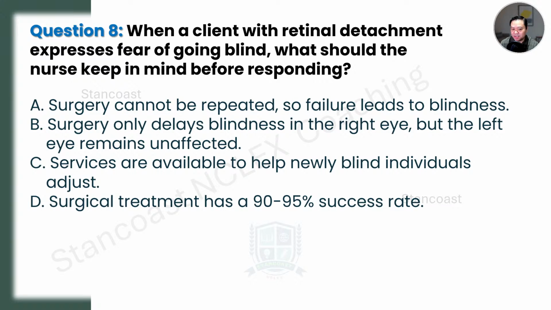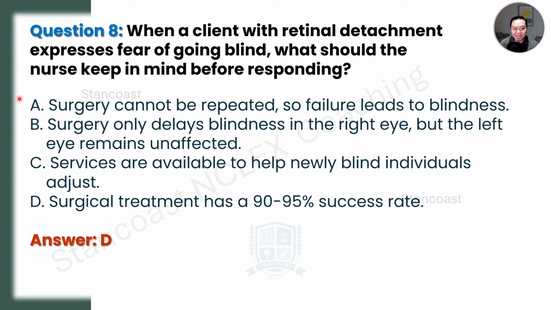Again, the question here is, what should the nurse keep in mind before responding, especially that they're expressing fear of going blind? The correct option here is letter D. The surgical treatment has a 90 to 95% success rate, and this can help assure the patient that blindness is not inevitable as soon as they're getting that treatment.